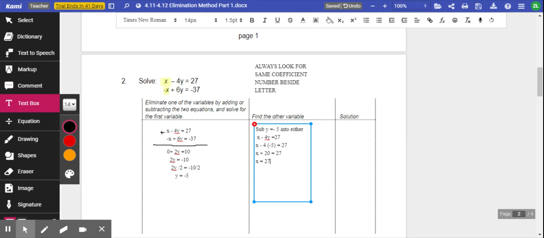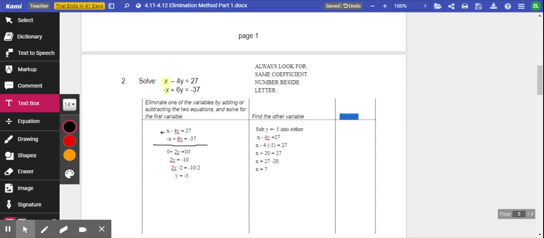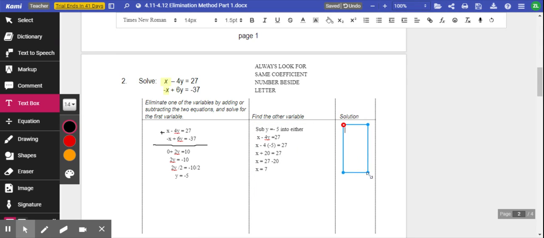Apologize. And then we have 27, and if we bring that positive 20 to the other side, it's going to be negative. And then we have x equals 7. Okay. Once again, if we put those two in this format, we're going to be left with 7 and negative 5. Okay.